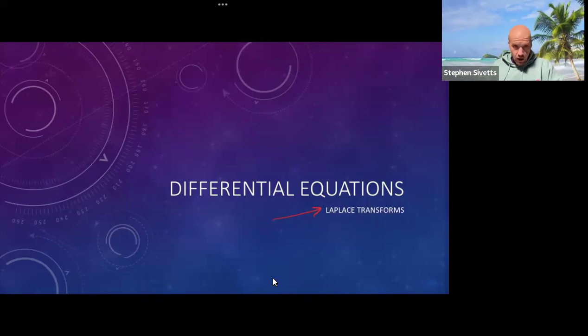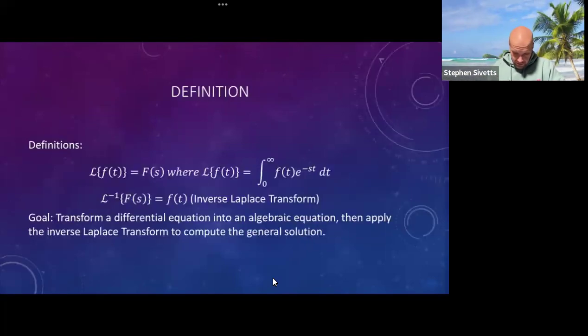So what are Laplace transforms? Here is the definition of what a Laplace transform is. It's actually a function whose input is a function and its output would be another function, right? It's denoted by L of f of t, okay?